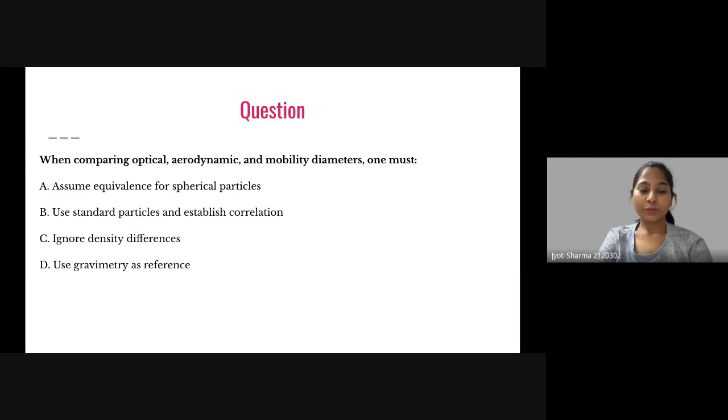Yeah, so what we should do is use standard particles, and based on that we should have the optical diameter, the aerodynamic diameter, and the mobility diameter, and we also need to establish the correlation between these diameters. Then only can we tell in the right way what the aerodynamic diameter is.